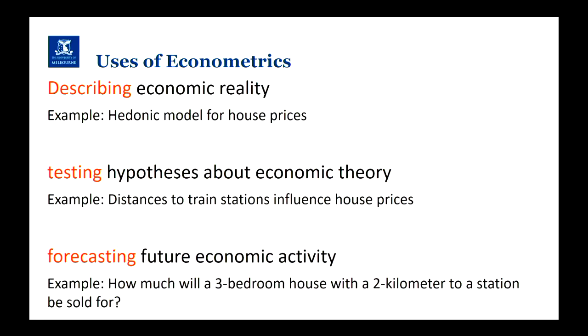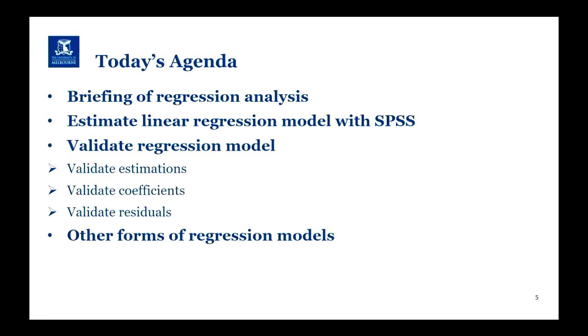For example, if we estimate a model here, we can use it to predict the price of a house, maybe a 3-bedroom house, located within 2 kilometers of a certain train station. That's what we can use econometrics for in our real life or in our research.